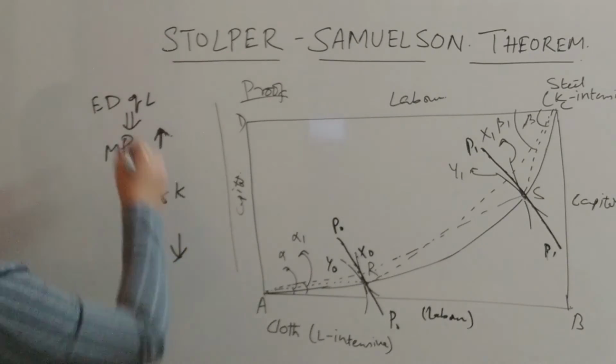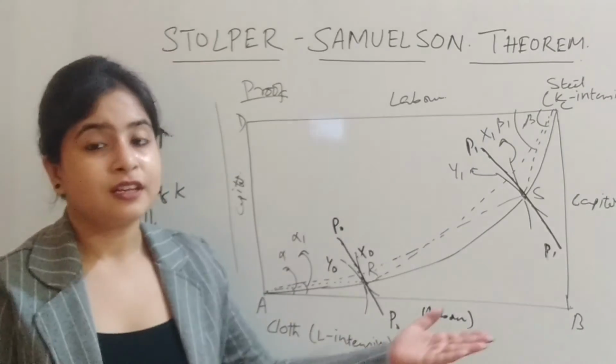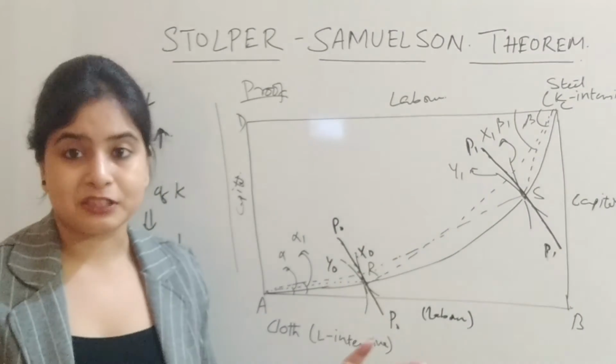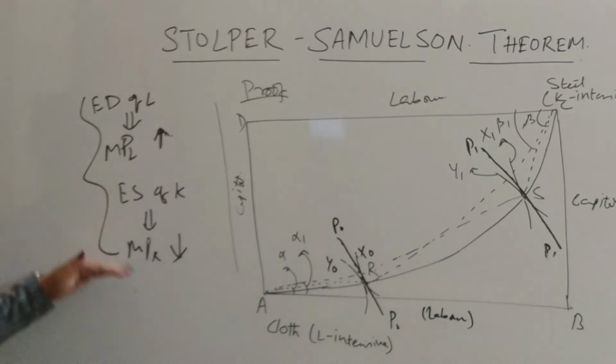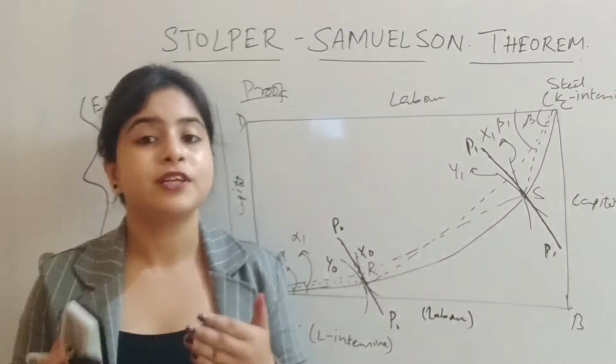Due to these two reasons, there will be a shifting of the factors of production between the two industries in the country. Because of these changes, it will ultimately result in a magnification effect. What is the magnification effect?